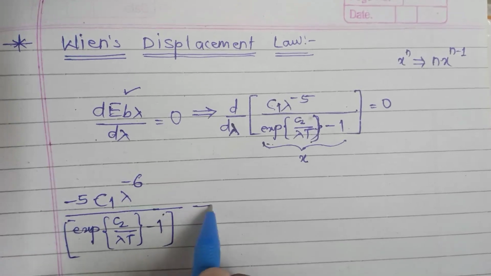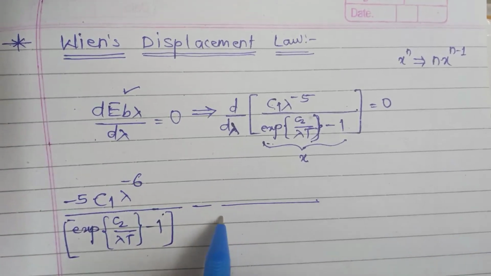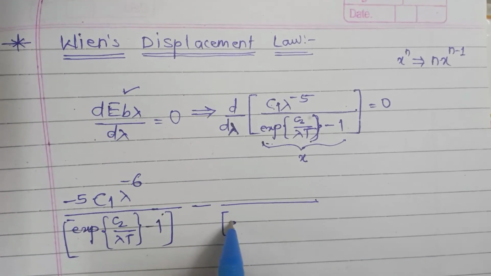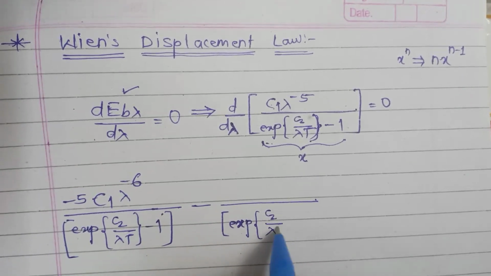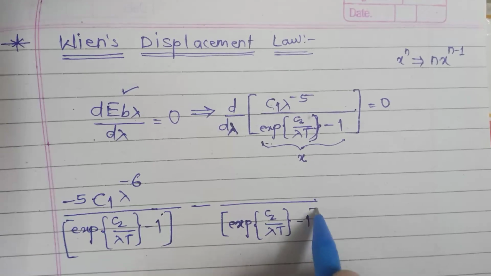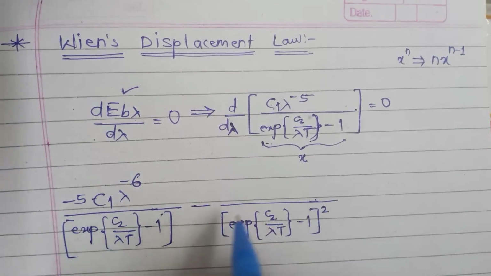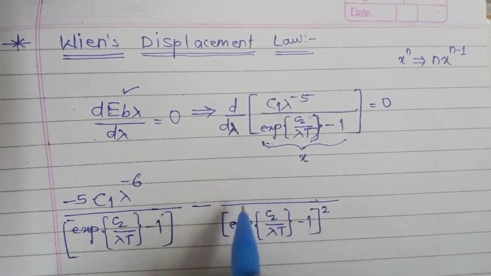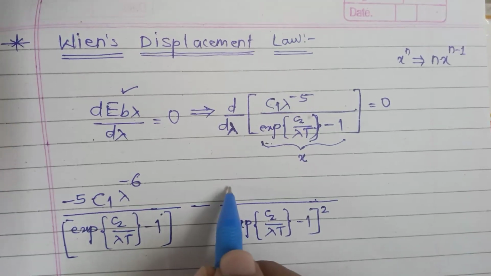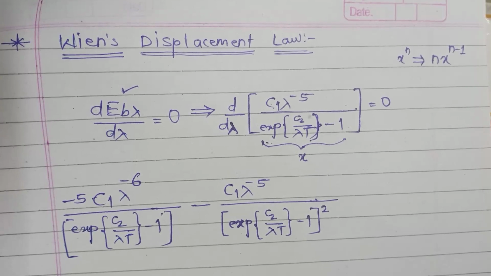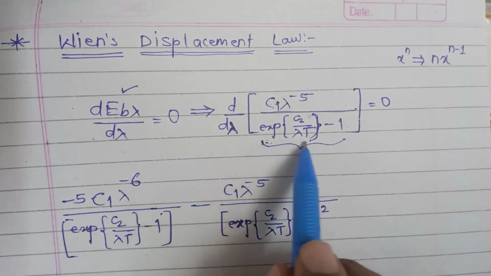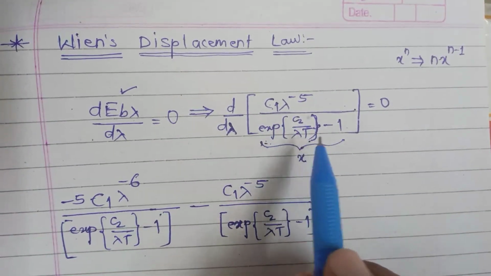That will be minus 1 upon exponential of C2 by lambda T minus 1, entire bracket square. Then the numerator will remain as it is, that will be C1 lambda raised to minus 5. And then we also need to differentiate this exponential parameter entirely.